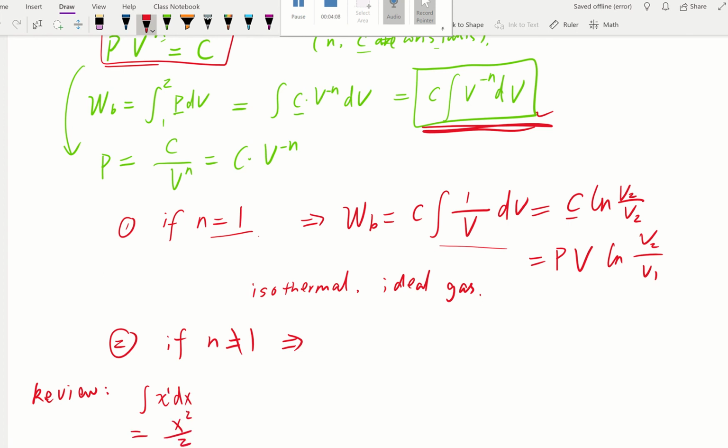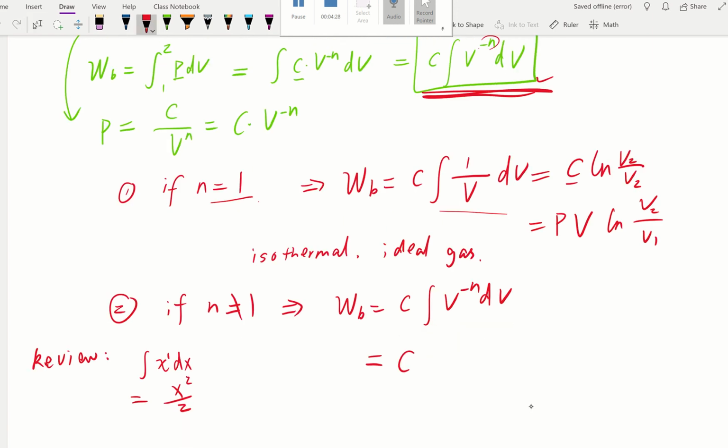We add 1 to the exponent, and then divide by this new exponent. When we are trying to solve the boundary work, it's C times V to the negative n dV. Let's copy that down. So when we integrate that, we add 1 to the exponent and divide by the new exponent. Here it's evaluated from V1 to V2.